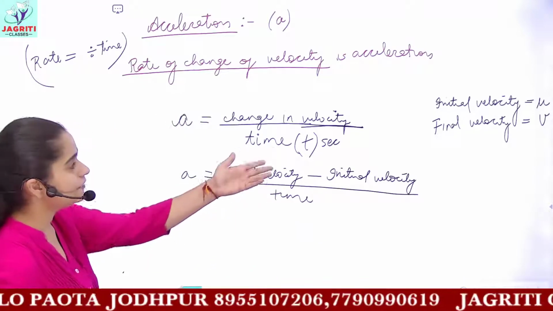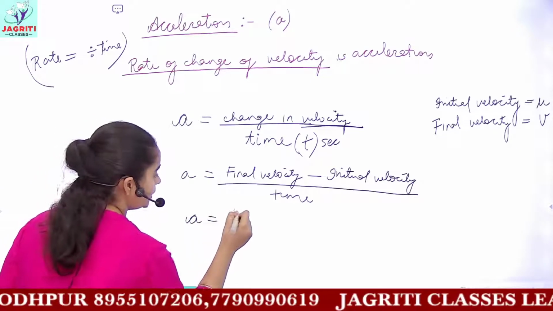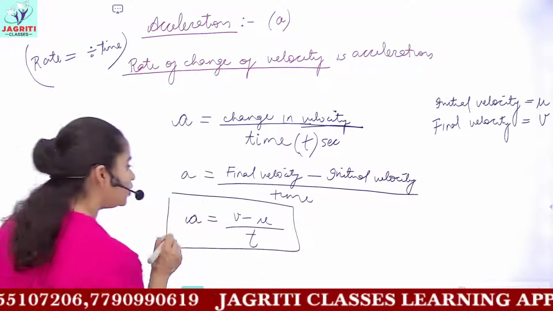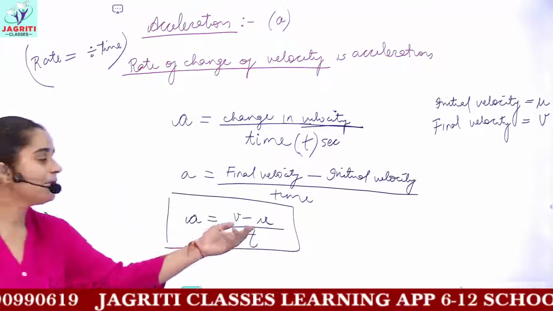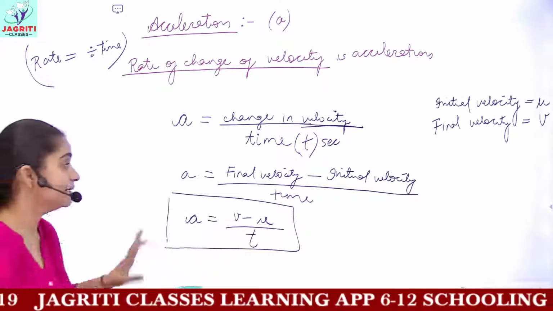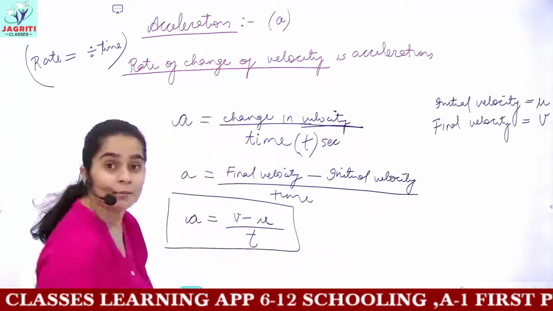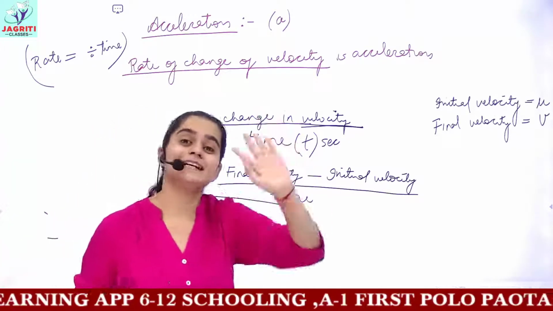So acceleration would be v minus u upon t. And here comes the formula of acceleration given in textbooks: acceleration is v minus u upon t, where v is your final and u is your initial velocity. But we actually derived the formula from the definition of acceleration itself.